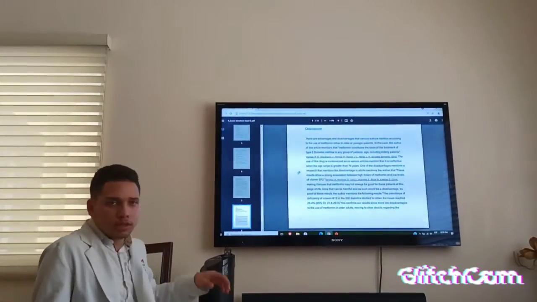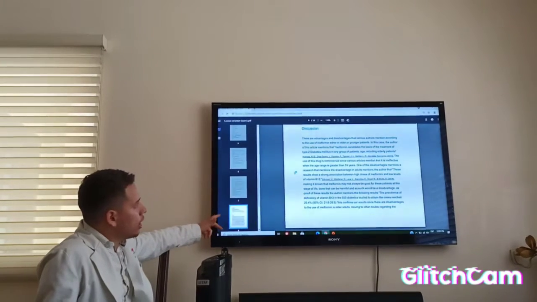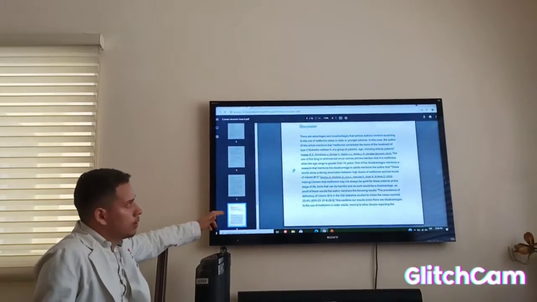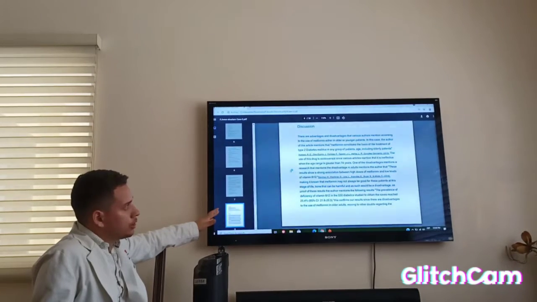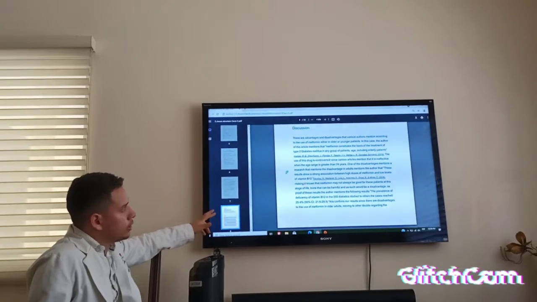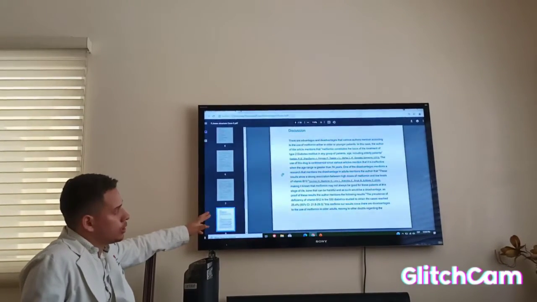In the discussion, there are advantages and disadvantages that various authors mention according to the use of metformin in either older and younger patients.